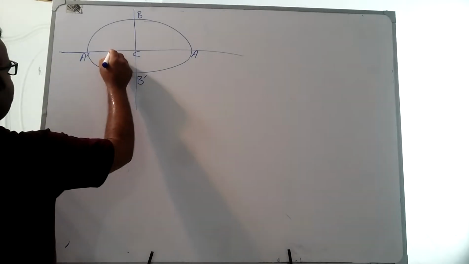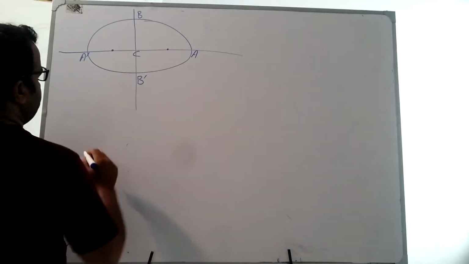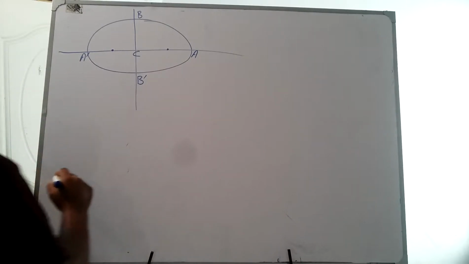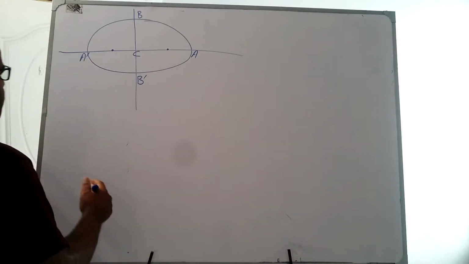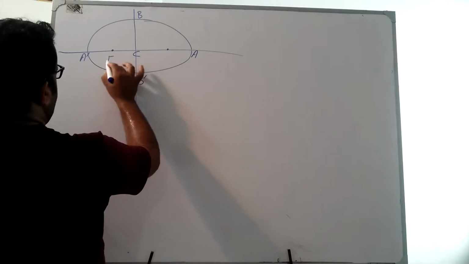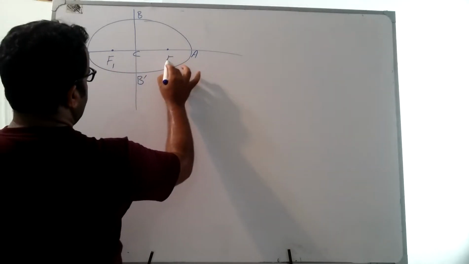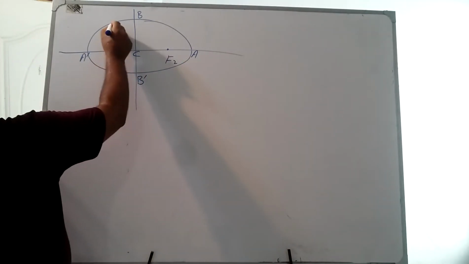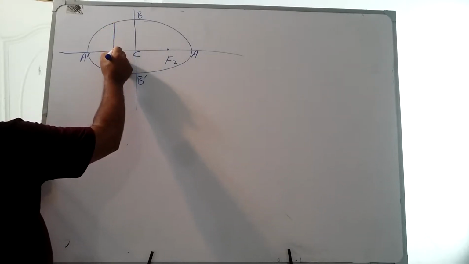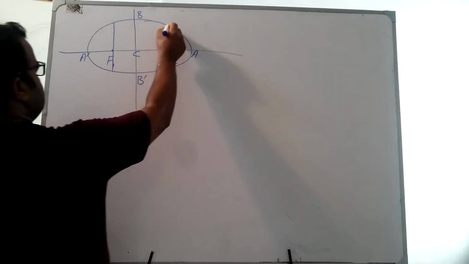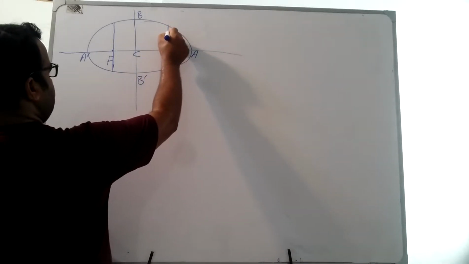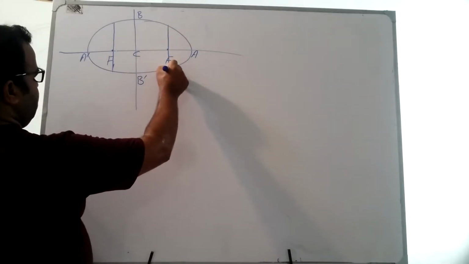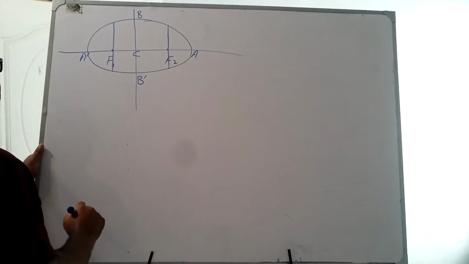This is the focus. There are two foci of the ellipse. We call this F1 and this F2. These are the lengths of latus rectum, whose plural is latera.